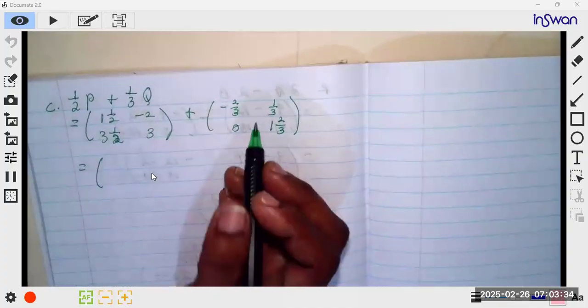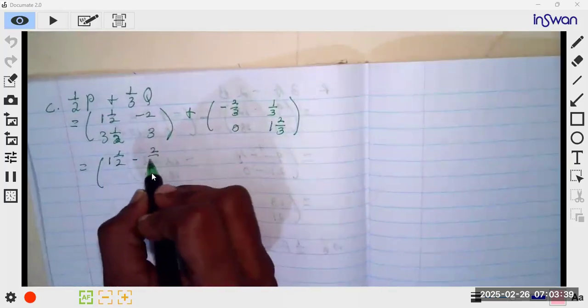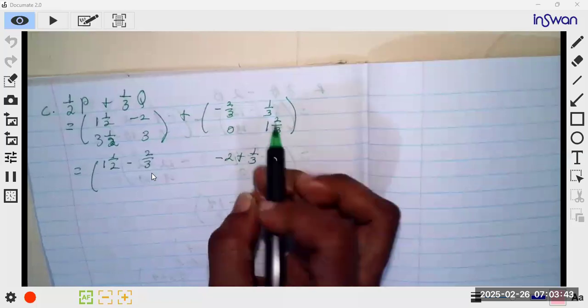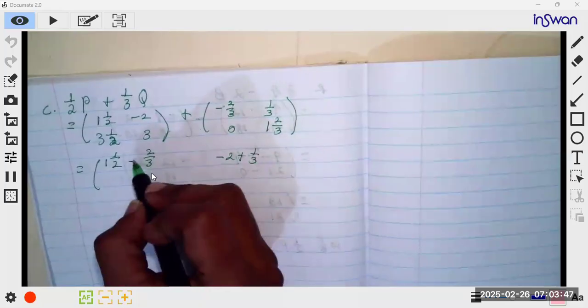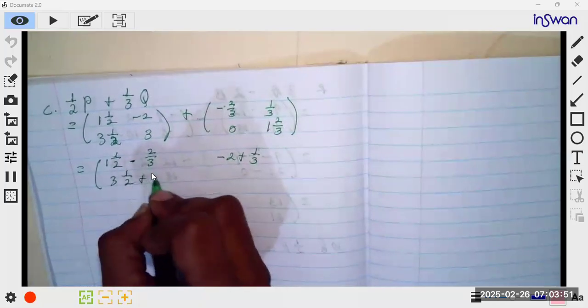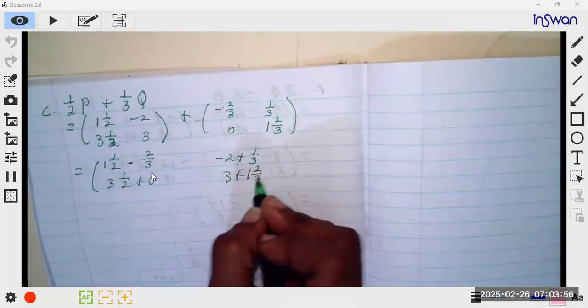So 1.5 minus 2/3, minus 2 plus 1/3. How I get a minus is a positive and a negative is a negative. That's how I get that there. 3.5 plus 0 and 3 plus 1 2/3.